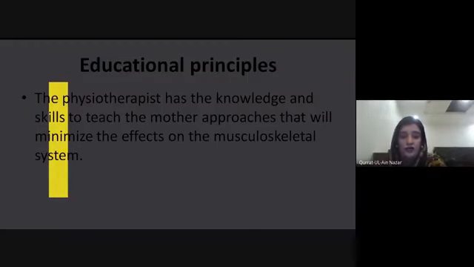Advice with regard to everyday functional activity such as baby bathing, lifting or carrying, cot or pram heights, etc., should be given by the experts, the physiotherapist. The physiotherapist has the knowledge and skill to teach the mother approaches that will minimize the effects on the musculoskeletal system.